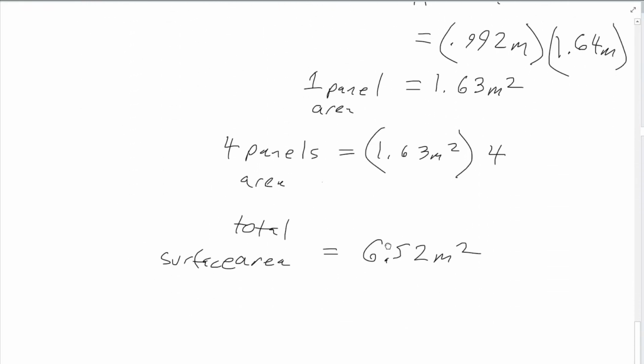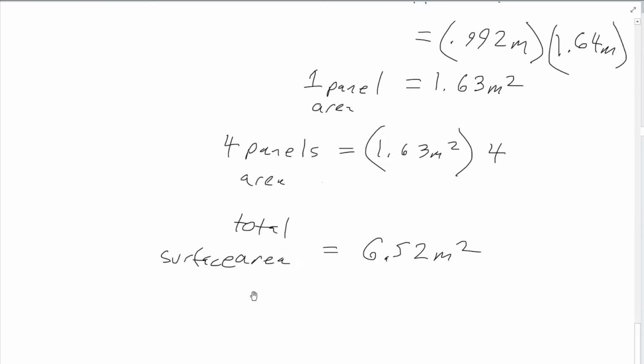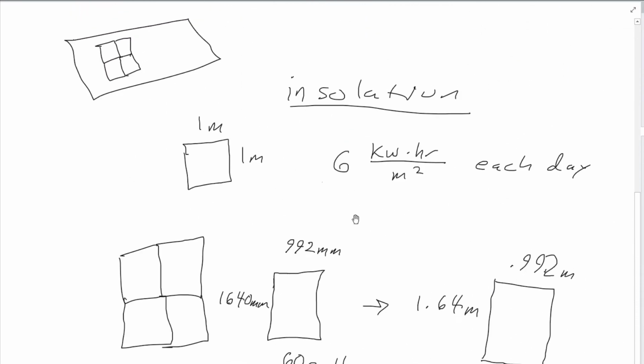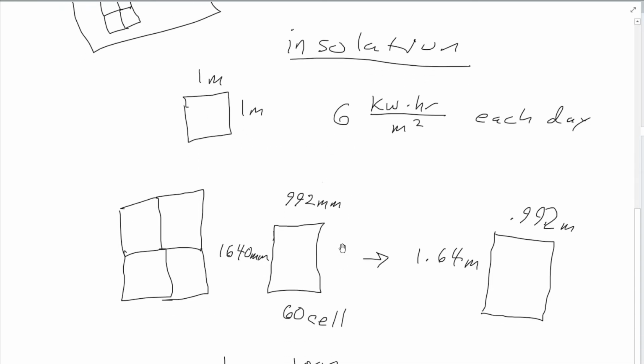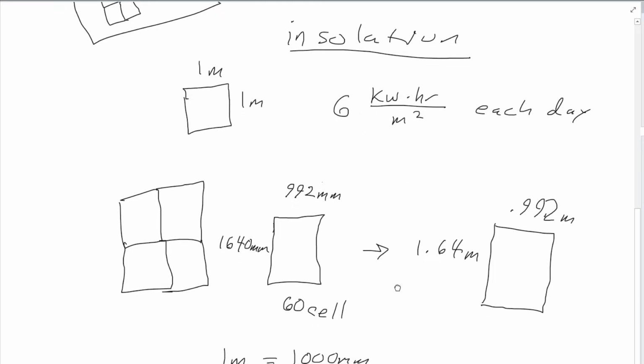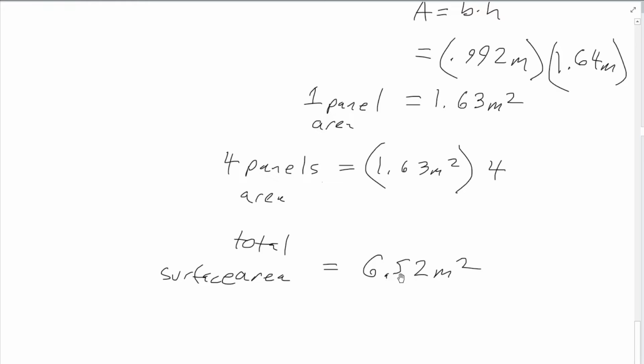Now, knowing the total number of squares that the system is covering, and knowing the amount of energy one square could collect in a day, which is 6, right? All I got to do is multiply the amount of energy one square would get in a day times how many squares I have.